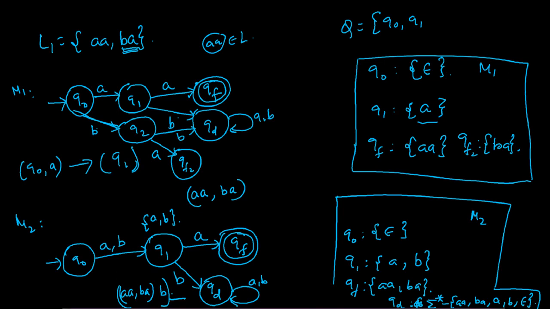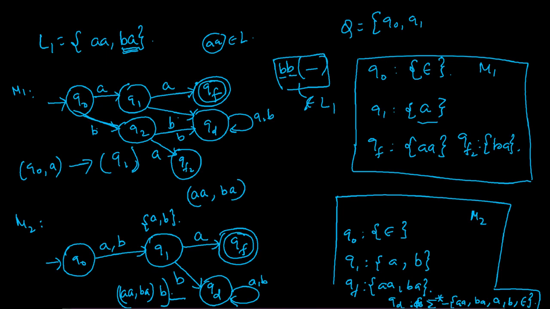Right or not? Because when you are at Q2, it means you have seen B. Another B is not a part of language, and whatever comes afterwards does not belong to the language L1. Therefore, you should give it to a dead state.